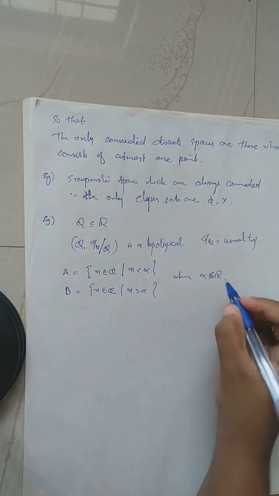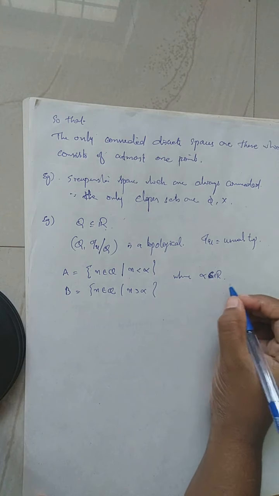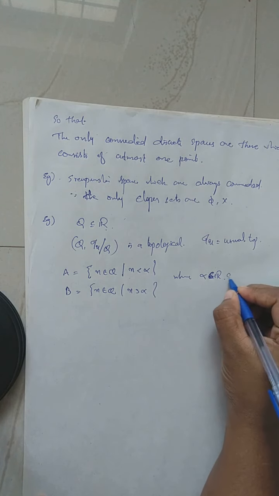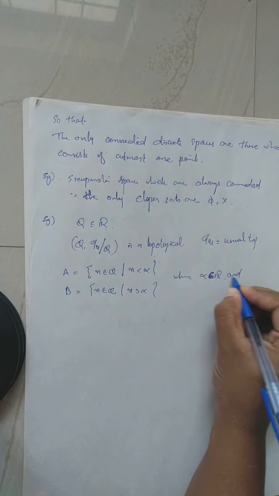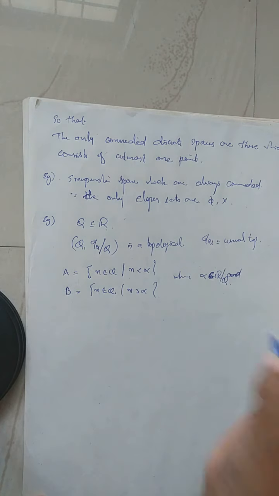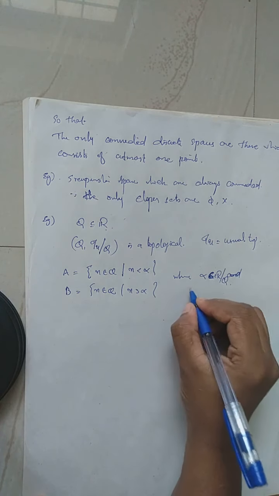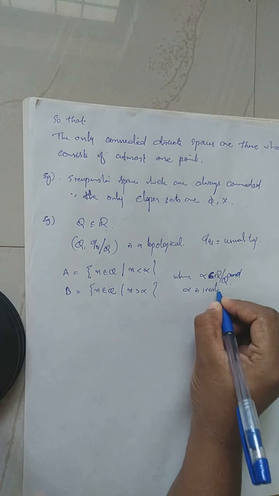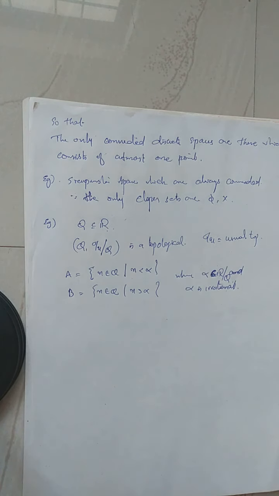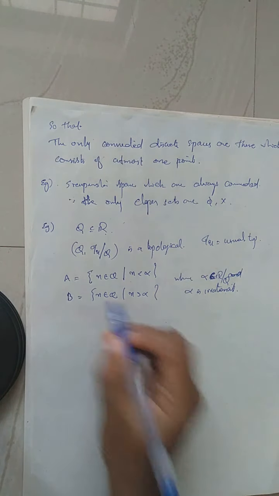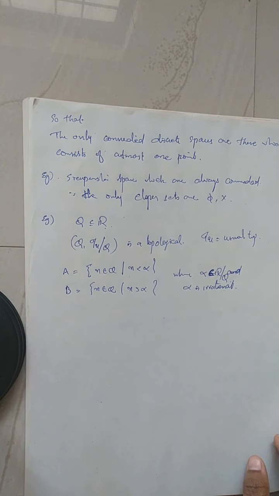Okay. So when you consider this alpha as an irrational number, where alpha belongs to R minus Q, that means alpha is irrational. So what will be A and B? Are they open or closed sets?